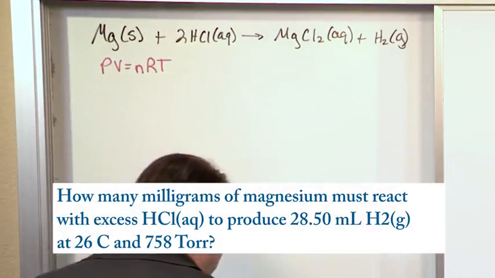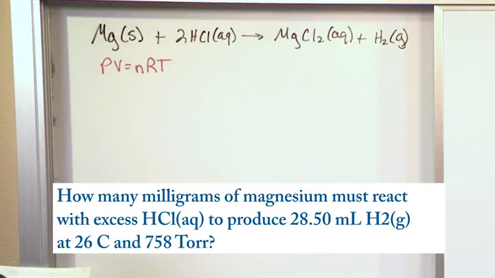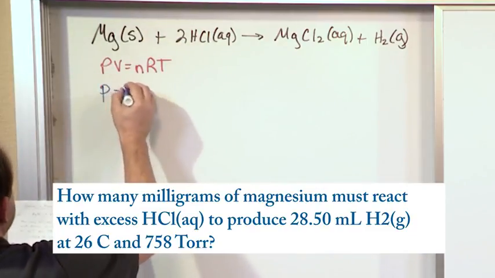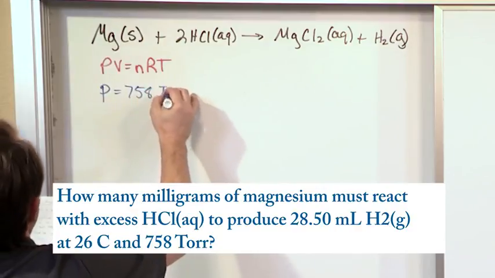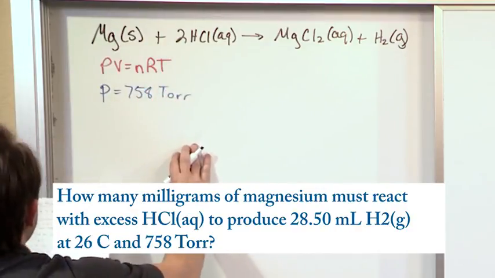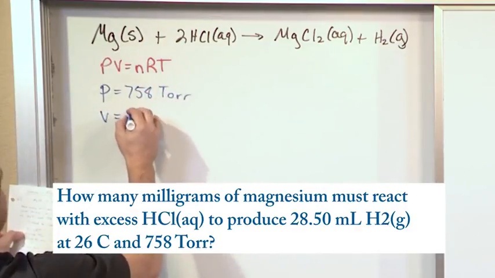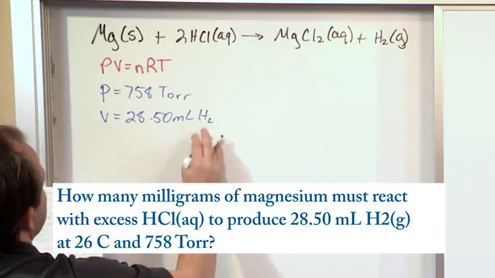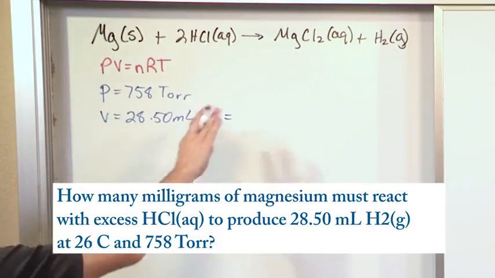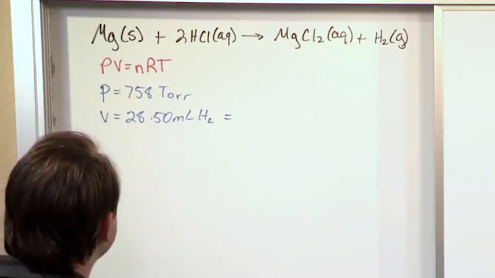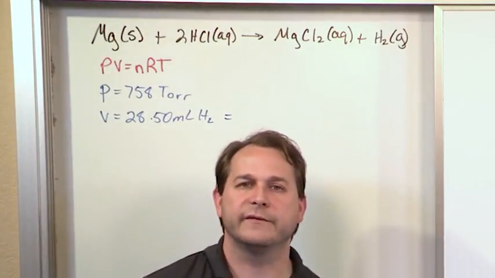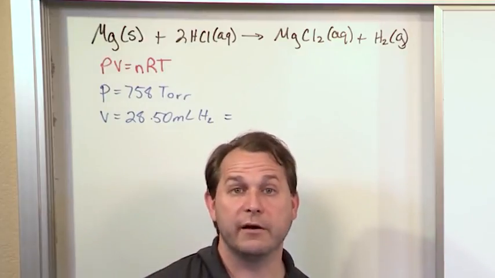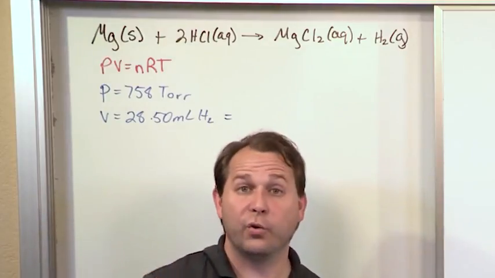So the question is, what do we know and what do we need to know? Well, the pressure is given to us, 758 torr. The volume is 28.50 milliliters of hydrogen. But we don't want it in milliliters. When we use PV is nRT, we always want liters. Remember the units of the gas constant: liter atmospheres per mole Kelvin, or liter torr per mole Kelvin.